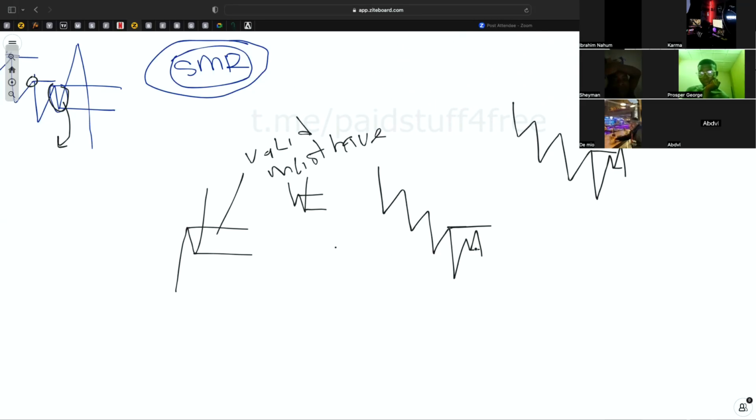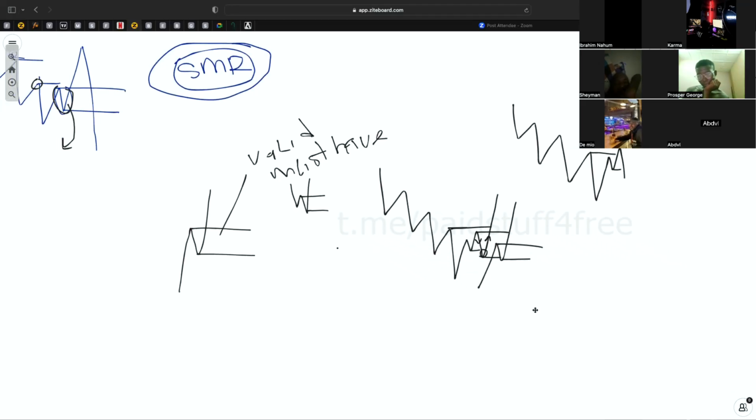It's still inside and it broke structure. What does this tell you? And immediately we now have this. This tells you that this is a rally-base-rally, but the base, which is this, has a what? A drop, base, and a rally. Because that base is responsible for what? For a manipulation. So that is a valid base.